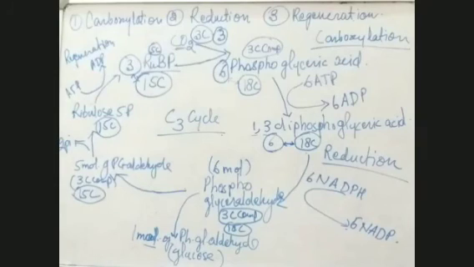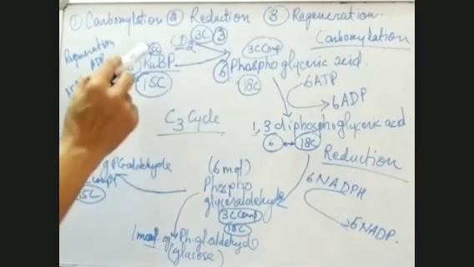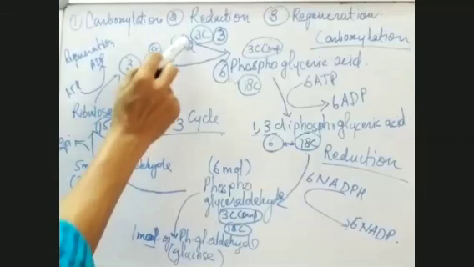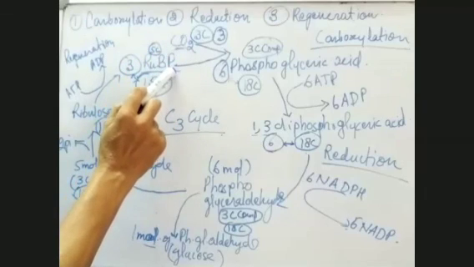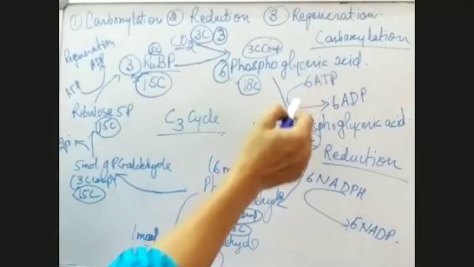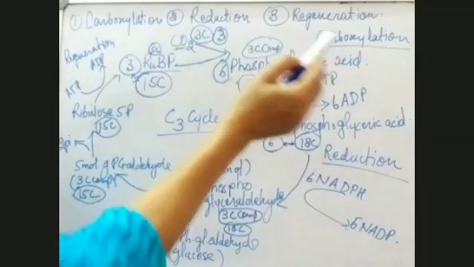So anything in the cycle which you could not understand, or any term which you are not understanding here. Basically, if you don't want to mention these carbon numbers, it is okay. See, CO2 combining with the acceptor, or CO2 accepted by ribulose biphosphate, forms phosphoglyceric acid. This is as a result of carboxylation.